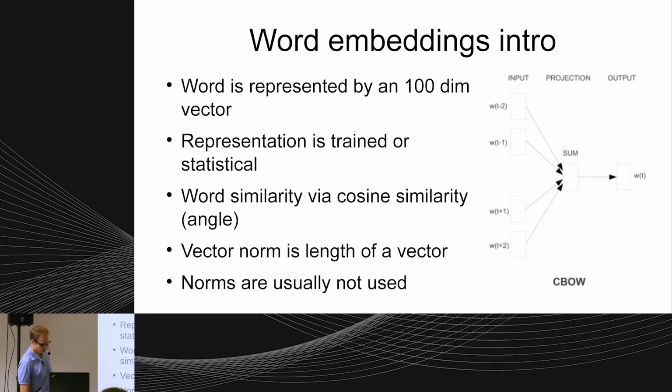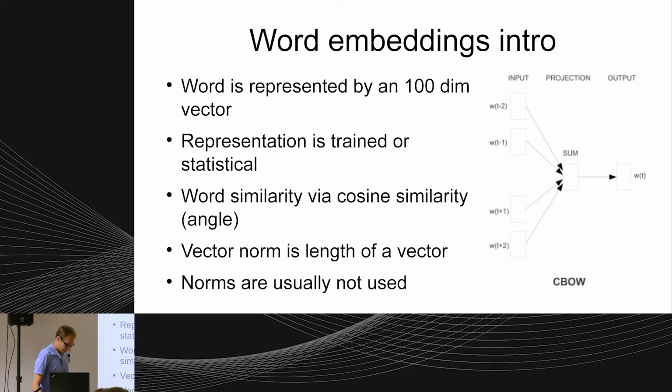For example, a very common, very popular model, which can be seen on the right, predicts the word itself from the words around it. And the model is very simple. We just sum the vectors and then take the dot product with the whole dictionary and find the word.